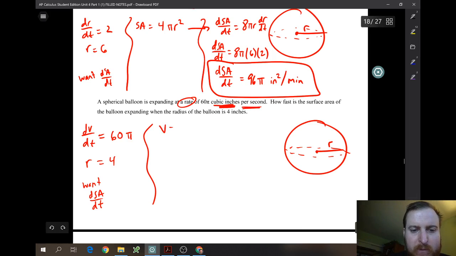So V, for a balloon or a sphere, is 4/3 pi r cubed. And so that's one formula. Our other formula is going to be the area formula, which is the same one we had up above, 4 pi r squared.